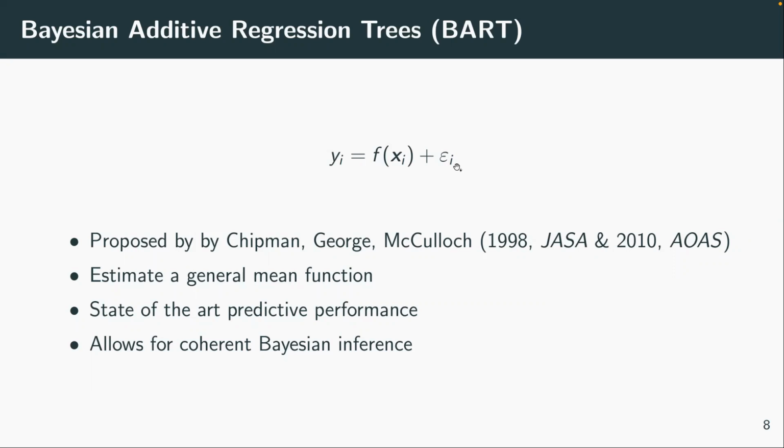And what's great about BART is it's highly effective. It has state-of-the-art predictive performance. And it also allows for coherent Bayesian inference. So compared to some other black box models or other random forest type models, you get really nice inference immediately out of this model.